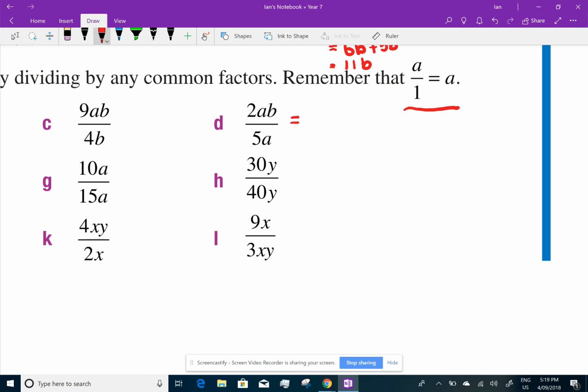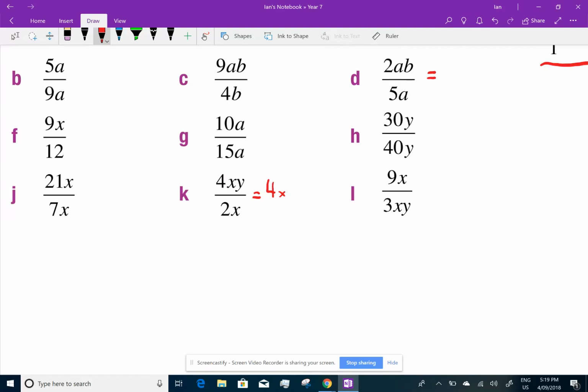First, you need to look at the numbers. Because everything is multiplied top and bottom, there are multiplication signs between all that. I can write, and I'm going to do this one down here. I'm going to do this one over here. 4 times x times y on 2 times x.